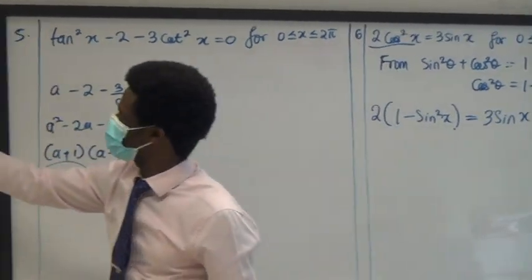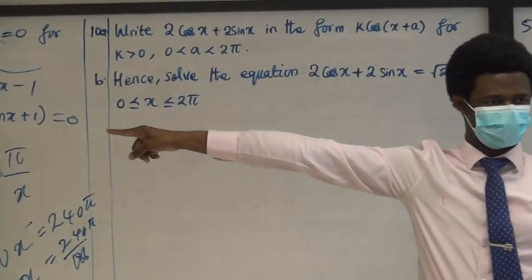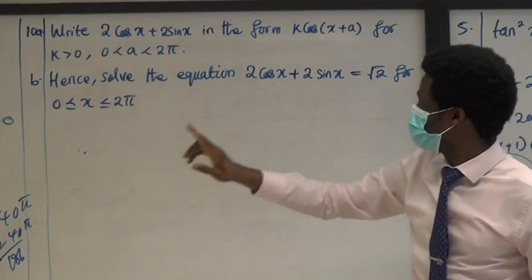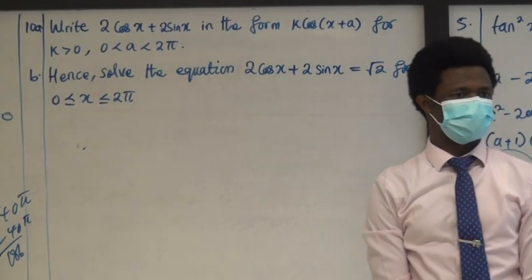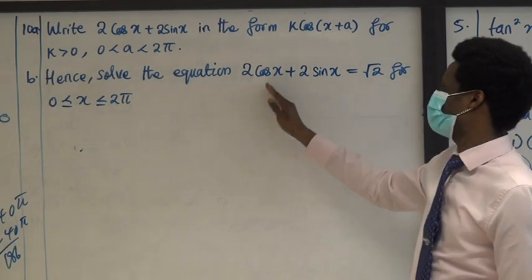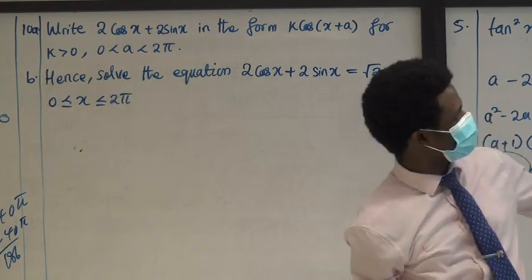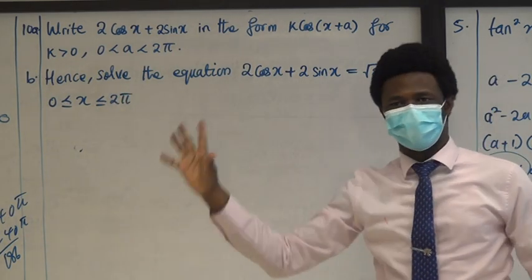Now, if this was cos 2x, you apply what you did in number 7. But both of them are linear, power 1. So we cannot apply 6 or 7, the idea.